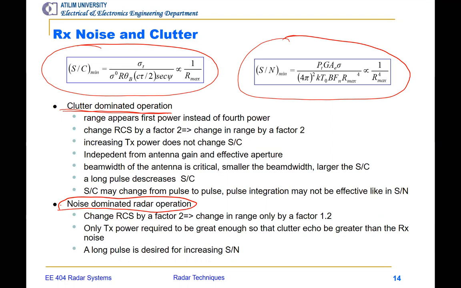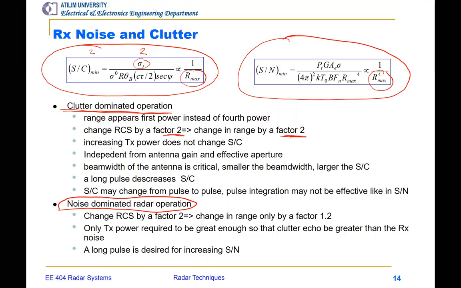In clutter-dominated operation, as you can see, range appears to the first power instead of the fourth power in here. And if we simply change the RCS by a factor of 2, the range changes by a factor of 2. Okay, if you make it 2, then that's going to be 2.